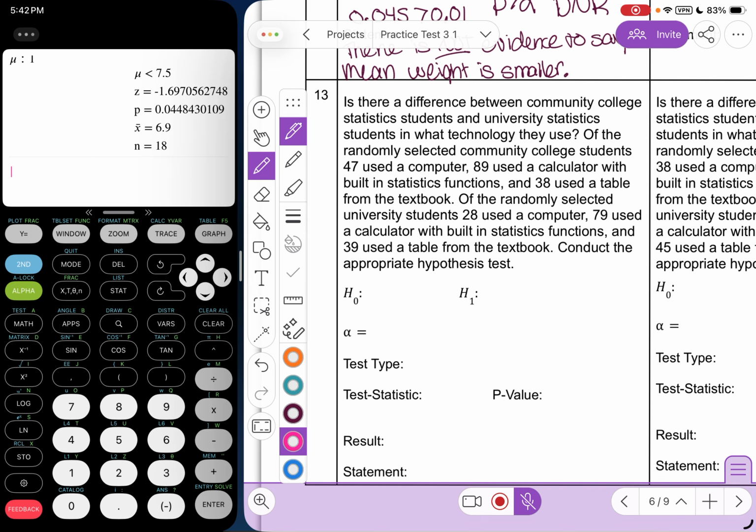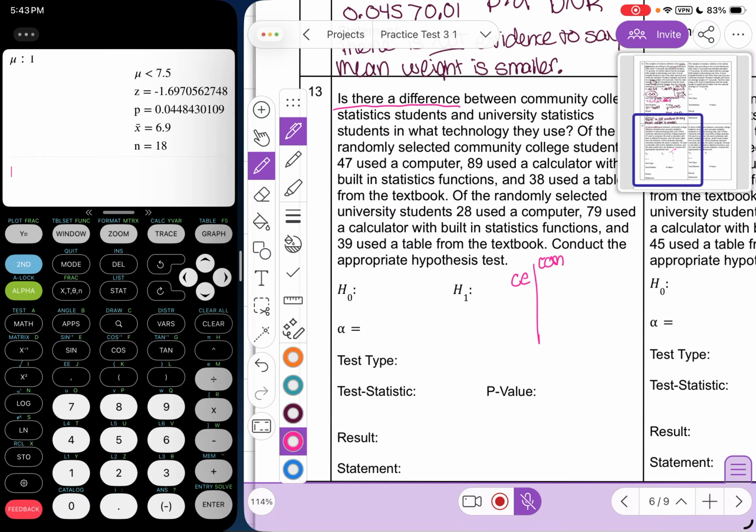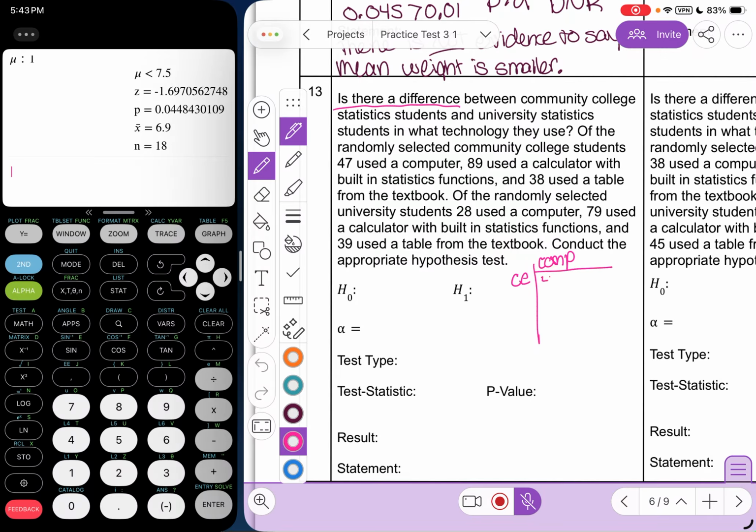Is there a difference between community college statistics students and university statistics students in what technology they use? Is there a difference? Okay. Of randomly selected community college students, 47 use a computer, 89 use a calculator with built-in statistics functions, and 38 use a table in the textbook.